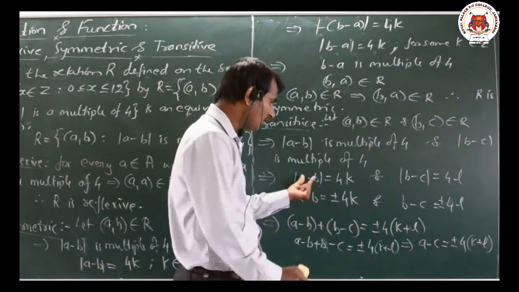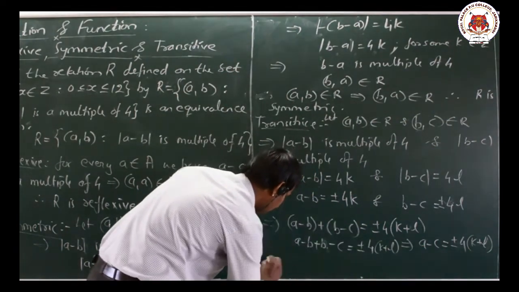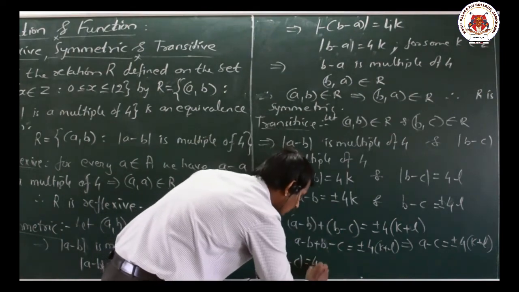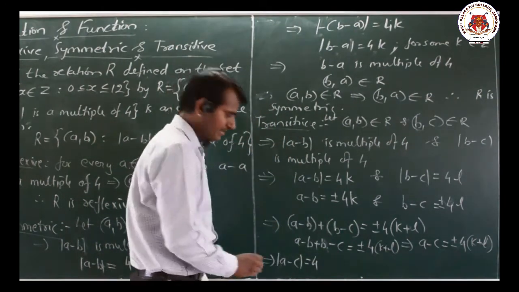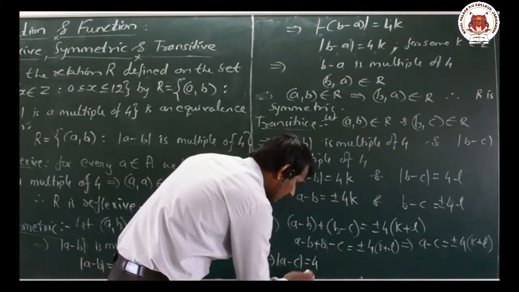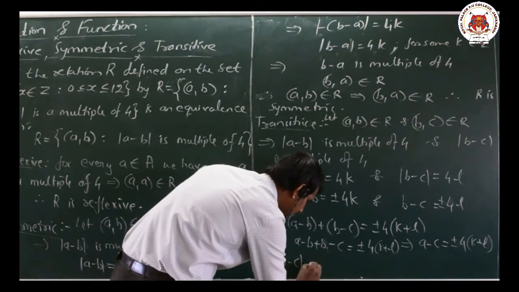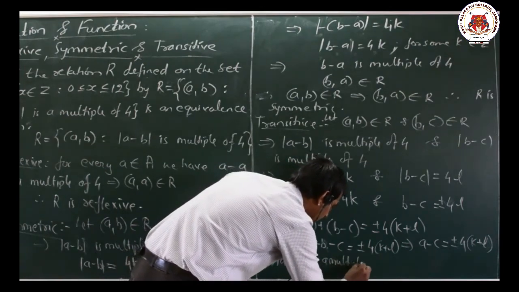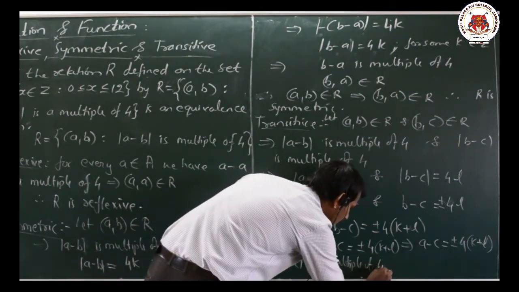That means I can write mod of a minus c equal to 4 of some integer, or else I can directly write that a minus c is a multiple of 4.